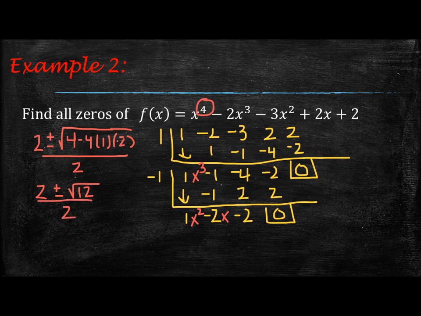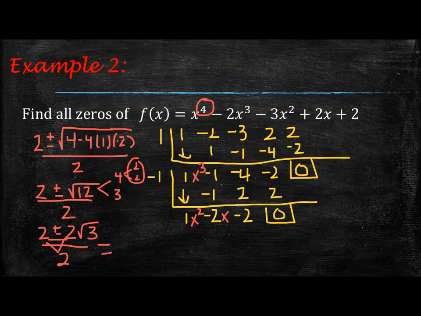I can simplify the square root of 12. I can break it down to be 4 times 3, and then I'll be able to do the square root of 4, which is just 2. So this would be 2 plus or minus 2 square root 3 all over 2. Then look at that magic triangle, see if you can divide anything out of all of those numbers, which you can.